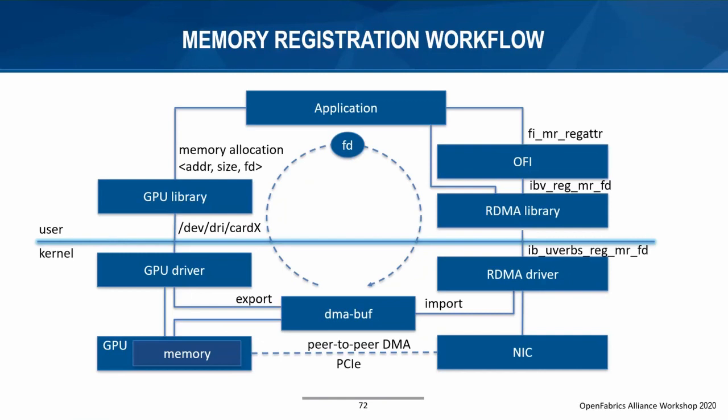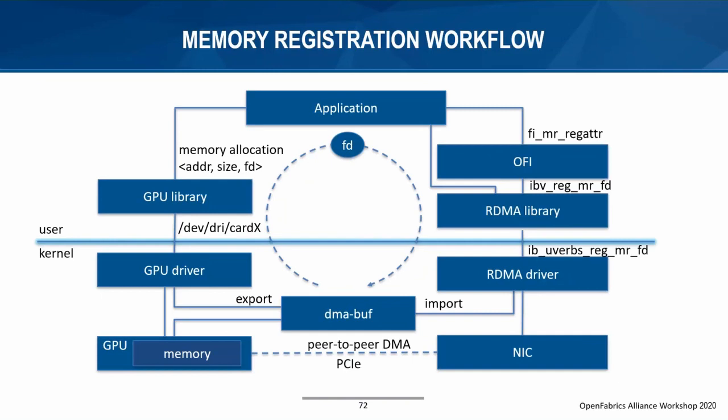And all those parameters finally go into the kernel RDMA driver. The kernel RDMA driver will then import the DMA-BUF object and call the DMA-BUF API functions to set up the DMA address for the GPU memory. The NIC, when doing the RDMA operations, will then use that information to perform peer-to-peer DMA transactions over the PCI Express bus.